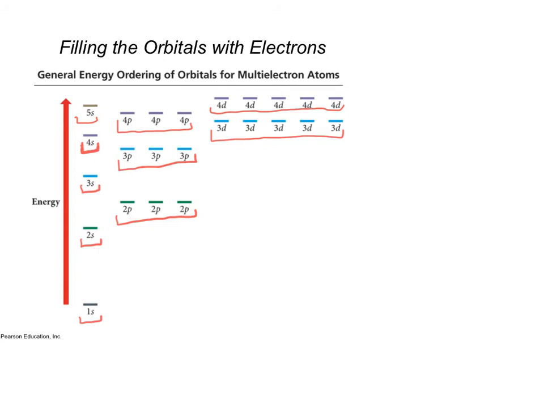One nice little way to remind yourself of this order, of how you're actually going to start putting electrons in, is if you write out the orbitals. So 1s, 2s, 2p, 3s, 3p, 3d, 4s, 4p, 4d, 4f, 5s, 5p, 5d, 5f, and then there's a g.